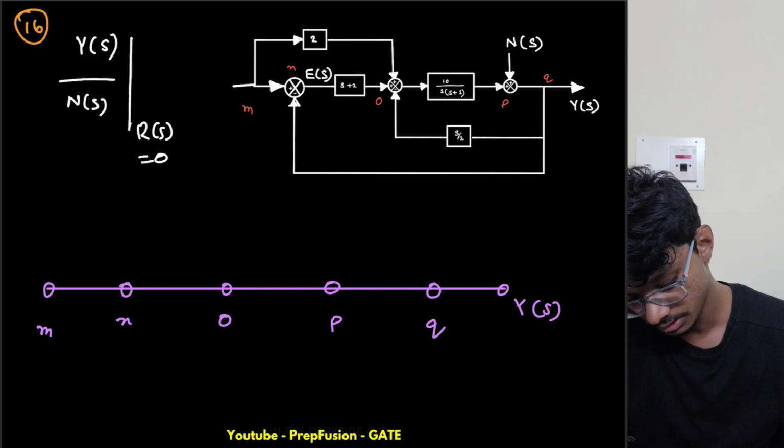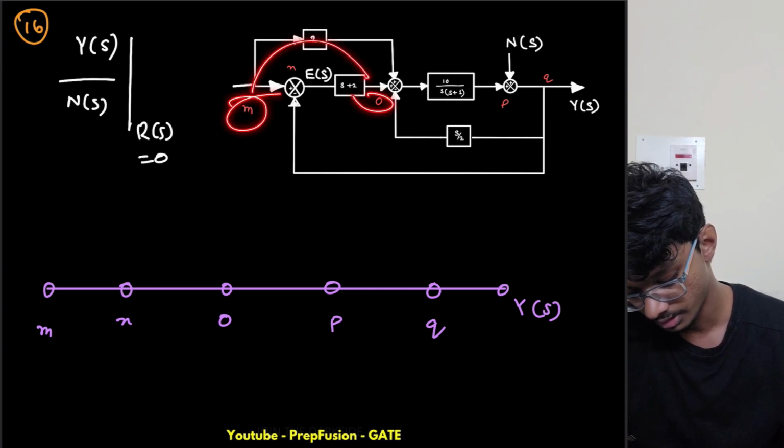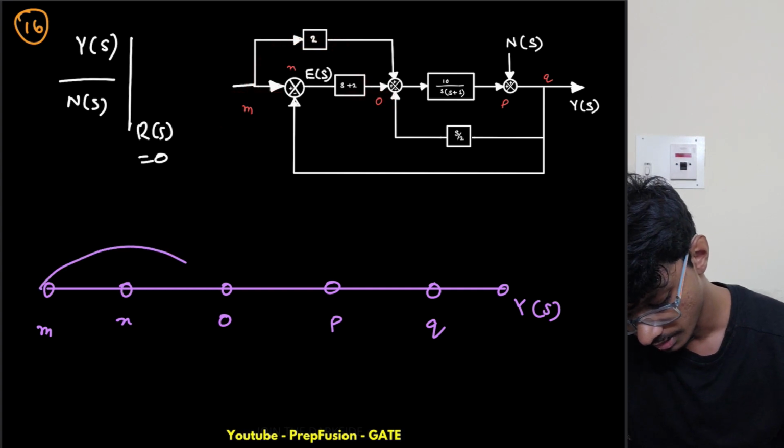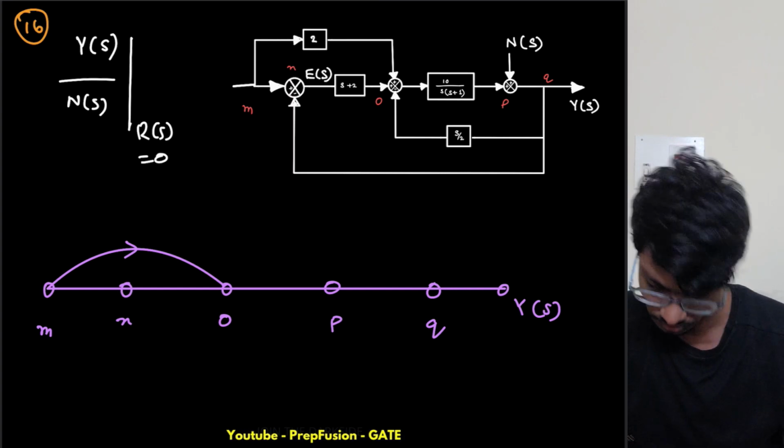So what are the connections? Between M and O we have a gain of 2.